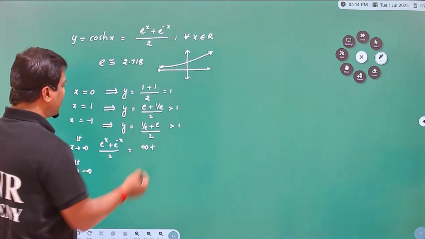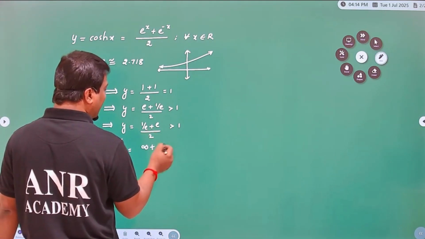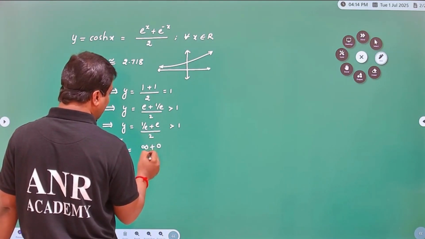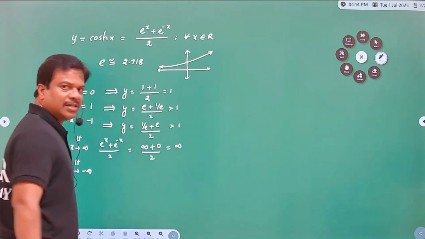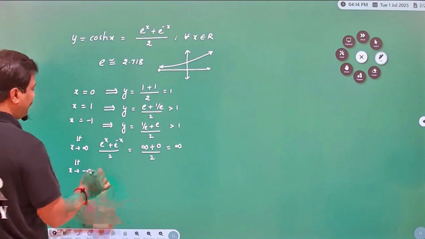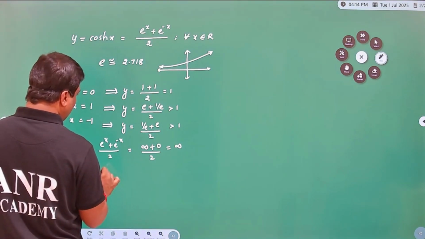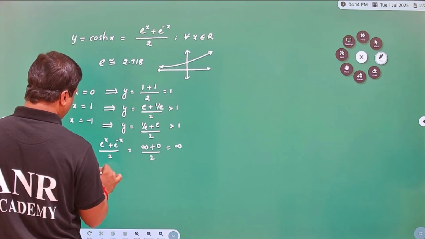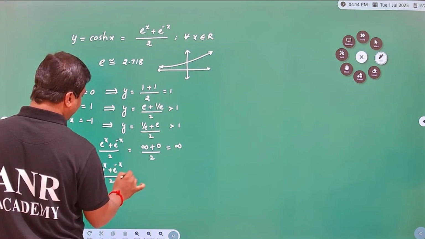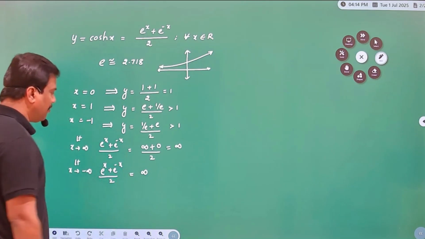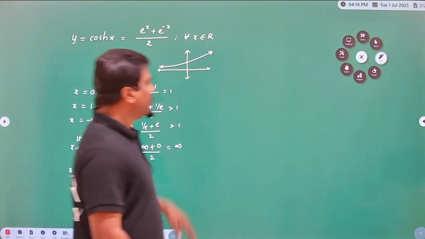So 1 by e power infinity, 1 by infinity becomes 0, divided by 2. Infinite by 2, that is infinite. As x tends to minus infinity, it also approaches infinity. Now draw the graph.